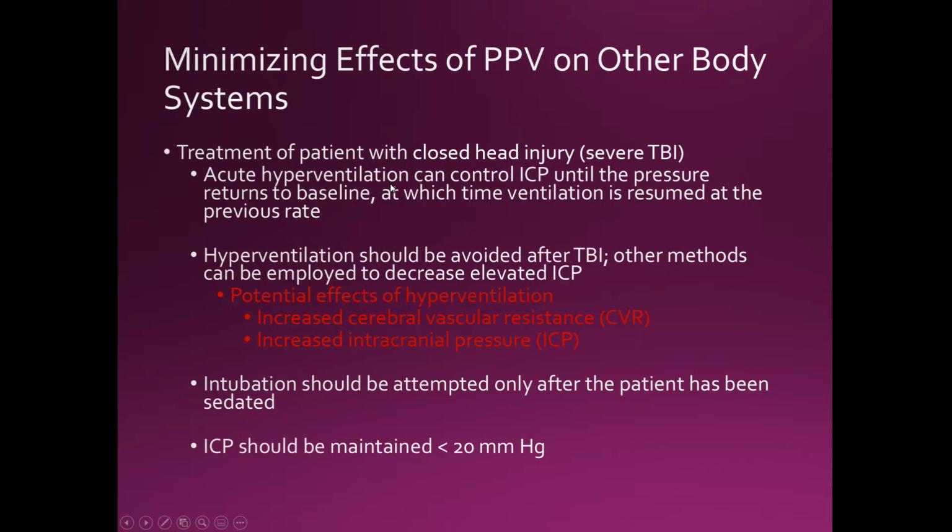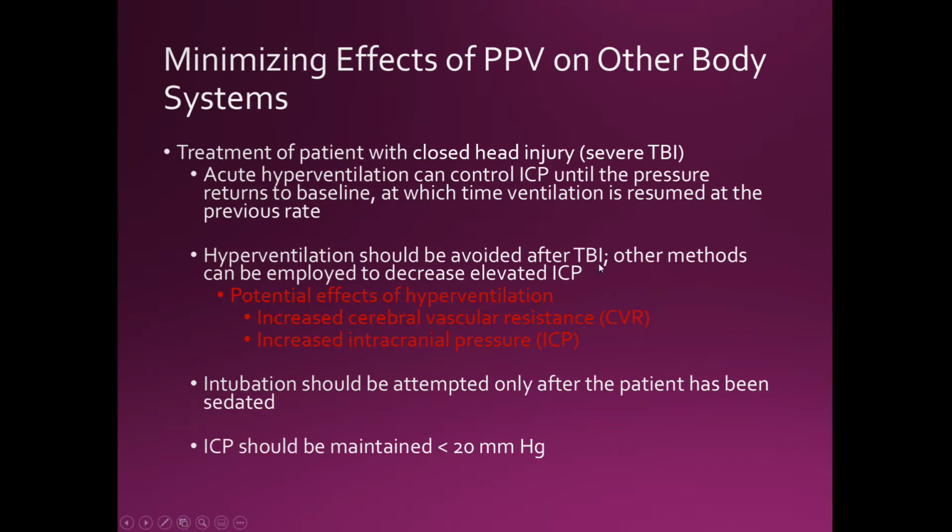Why? Because CO2 increases intracranial pressure. That is why we need to hyperventilate the patient sometimes when the ICP starts to rise, so that we can blow off the CO2 to decrease the ICP. Once that happens, we put them back on the normal vent settings.